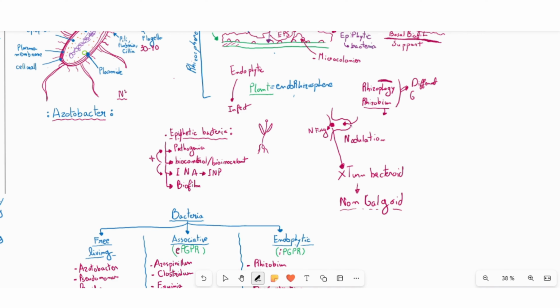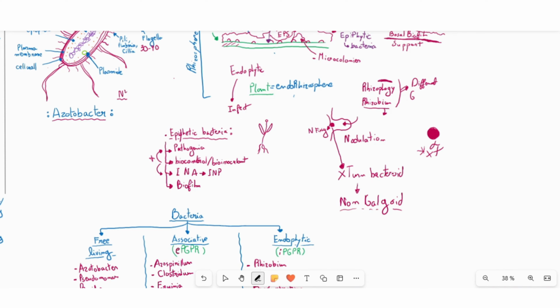So the bacteria, once it infects the plant, it does not differentiate to a bacteroid. When it differentiates into a bacteroid, the genome is going to be amplified. And another thing is the cell is going to grow in size. It's going to have an enlargement.